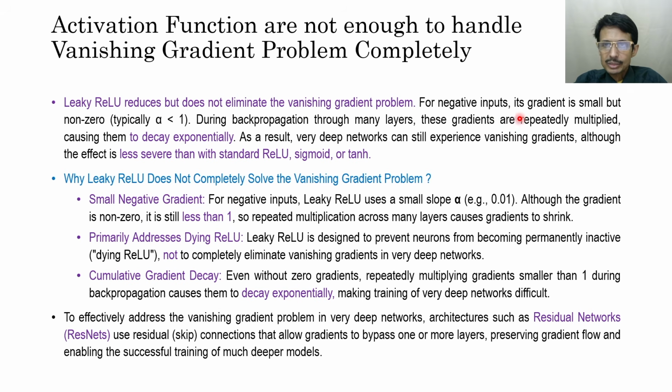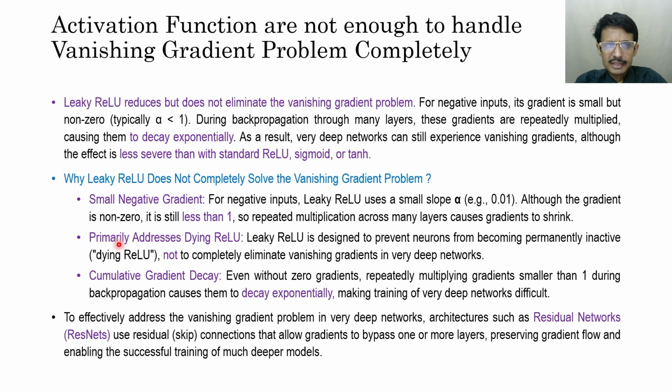Because of negative inputs, the gradient is small but non-zero. And during backpropagation through many layers, these gradients are repeatedly multiplied, and this causes an exponential decay of the gradient. So this kind of activation function, even though it works to some extent, does not fully solve the vanishing gradient.